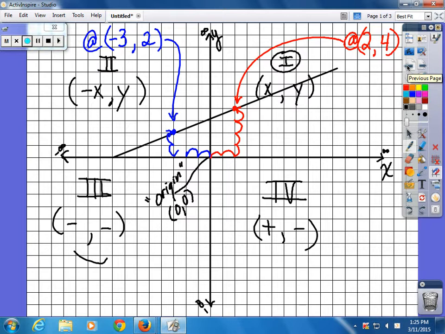You have to start from a point. So I'm going to start from this point right here, and I'm going to count my x's. 1, 2, 3, 4, 5. 1, 2 in the y direction. So that would be 2 in the y direction over 1, 2, 3, 4, 5.